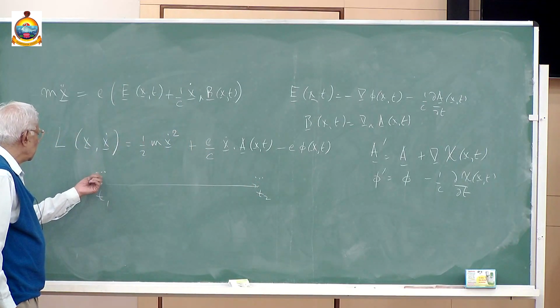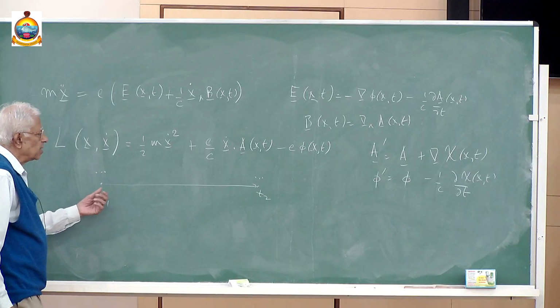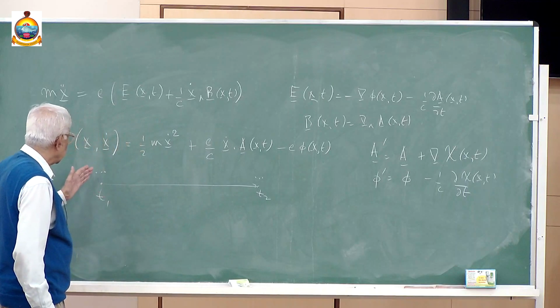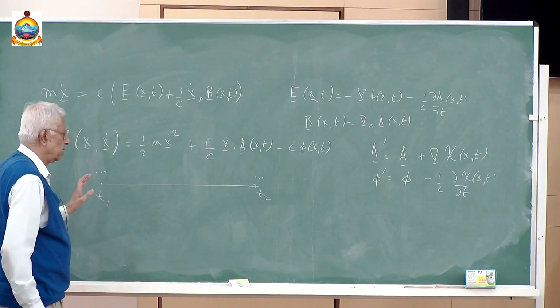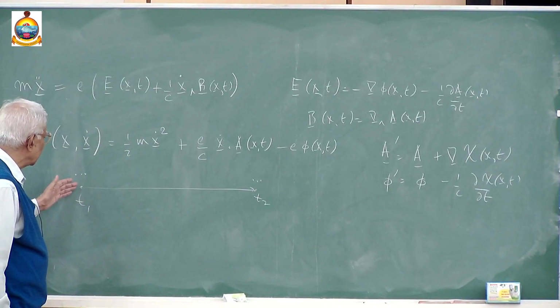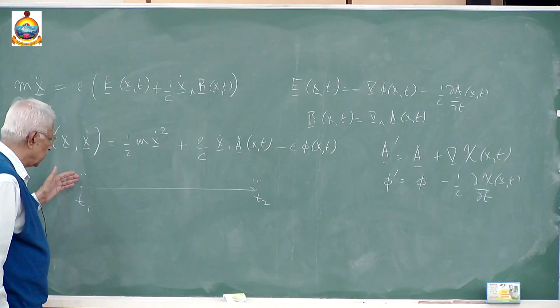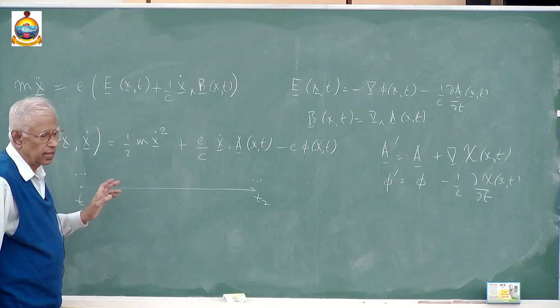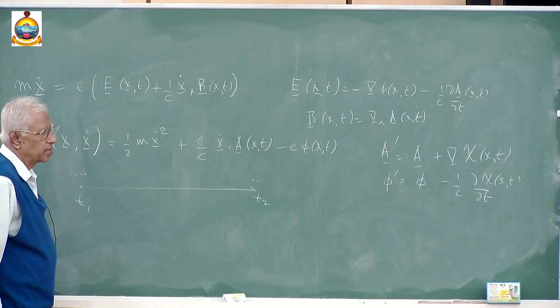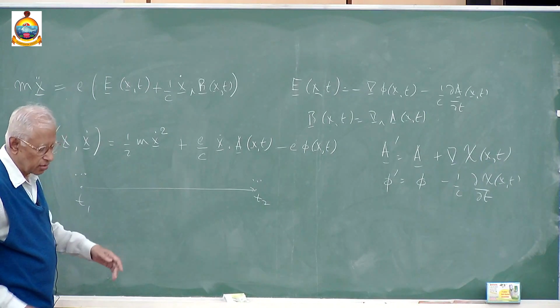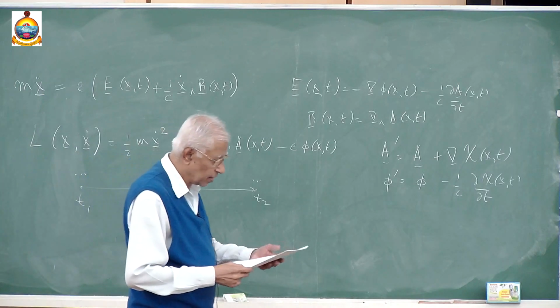So, I give partial information at an initial time, partial information at a later time, and then ask, given this much information, can we work out the actual motion of the mechanical system in going from t1 to t2? This would be called an integral principle and global approach, global in time, to the equations of motion.